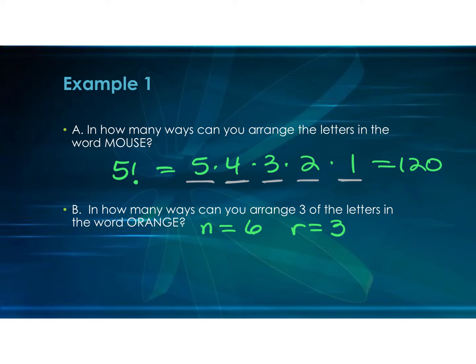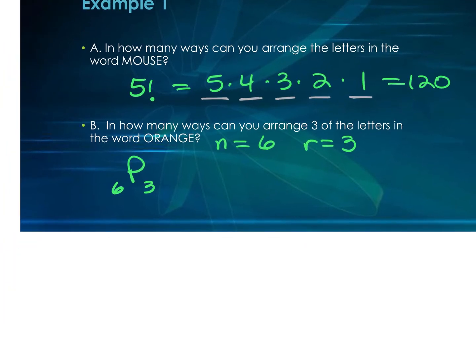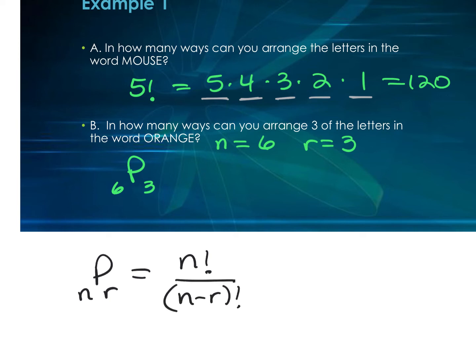The r value will always be less than the n value. So I'm going to plug it in. P, a 6, and then a 3. Remember, the formula we're using is P n r, which is n factorial over n minus r factorial. And then we're going to plug in the numbers.